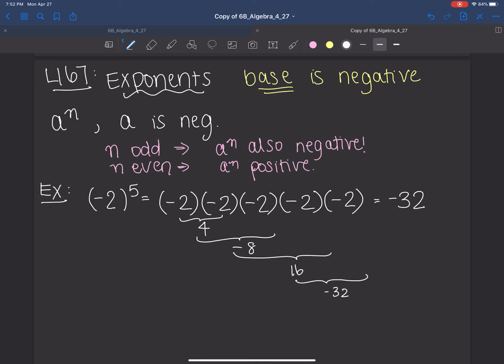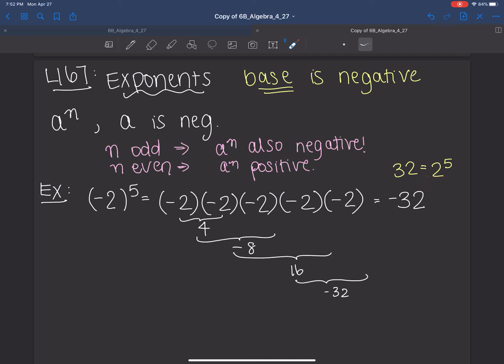And this is sort of what we saw with our rule. If n is odd, then our answer is going to be negative. How about the number part of the answer? Well, the number part of the answer, just to put things into perspective, is equal to 2 to the 5th, as if the base were positive.